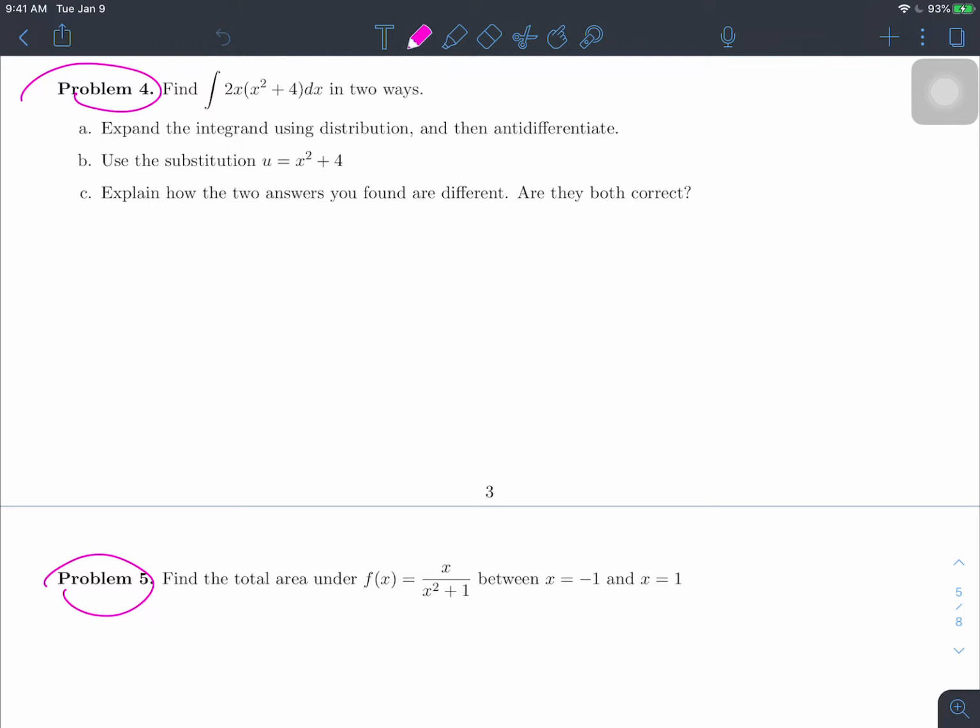So, last two classes we've been talking about U-substitution. First we talked about doing U-substitution using indefinite integrals, where the result of our work is a class of functions. Next we talked about how to use U-substitution with definite integrals.